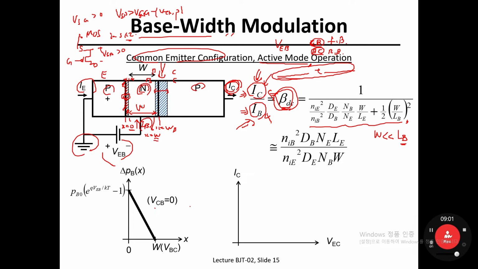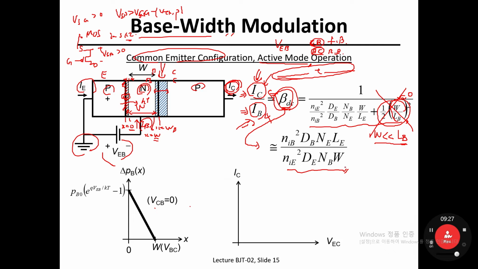So the minority carriers should be holes injected from the emitter. If this condition is well satisfied, then the second term is asymptotically equal to 0, so you can ignore it. Then your beta DC value would be expressed with this equation.